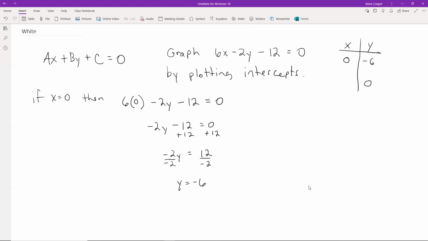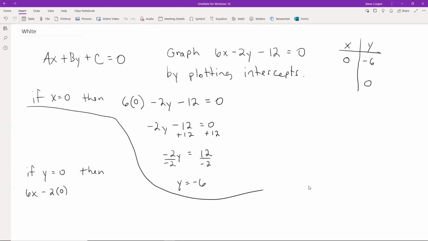I'm going to do the same thing with y. So if y equals 0, then 6 times x minus 2 times 0. See what's happening here? The term goes away if it has the 0 for the variable. Okay, so 6x minus 12 equals 0.